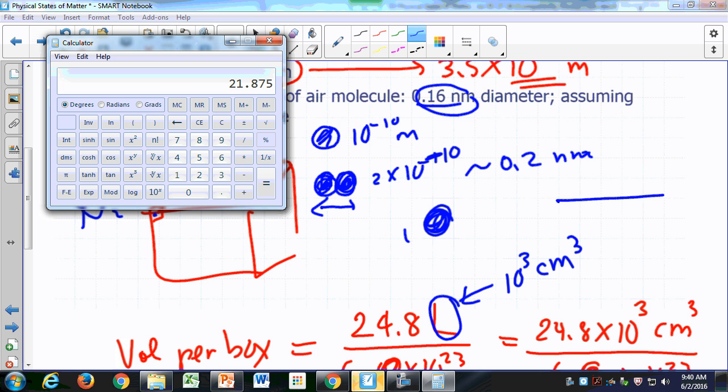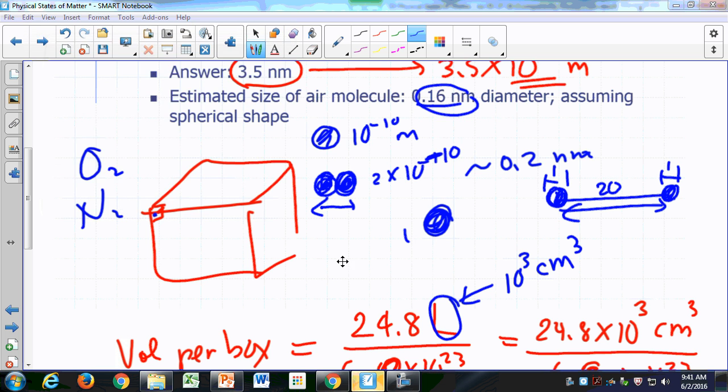If you have one atom here and one atom here, and this is 1 unit, then this distance is 20 times. So they're very far apart, and in atomic terms, that's a very large distance. Compared to the size of the molecule itself, the average distance between molecules is very large.